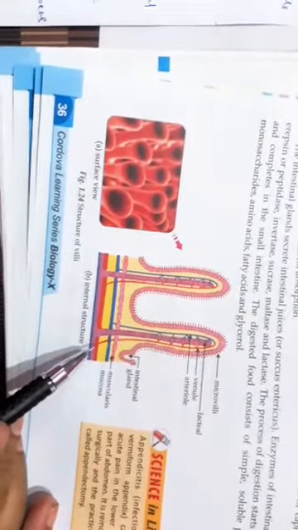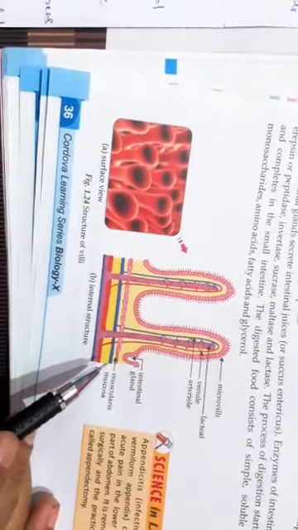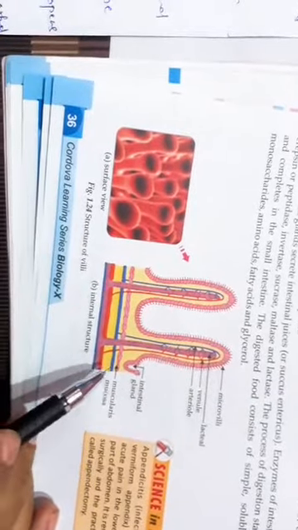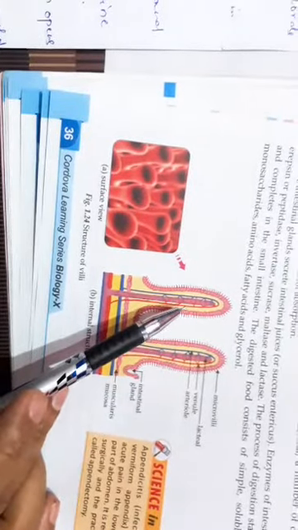The process of absorption occurs in the small intestine. The inner wall of the small intestine has millions of finger-like projections or folds called villi. Each villus has a network of thin capillaries, and blood vessels move through those capillaries.